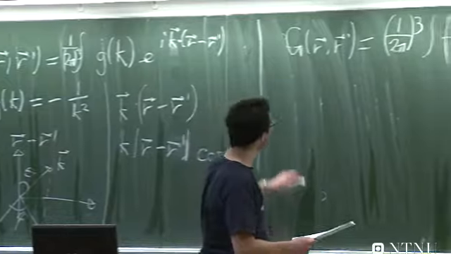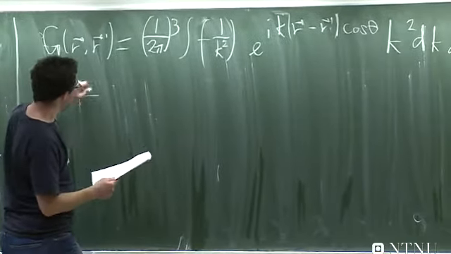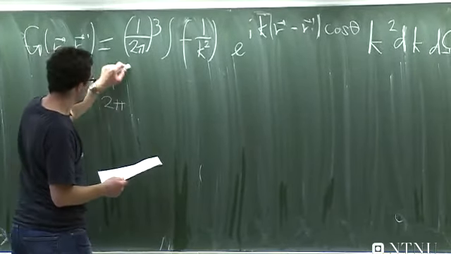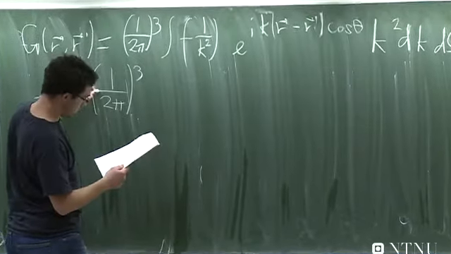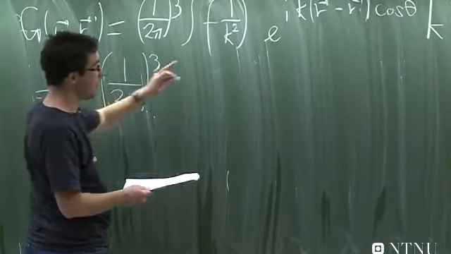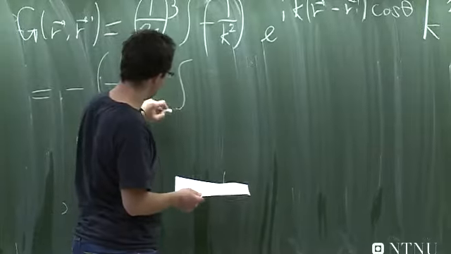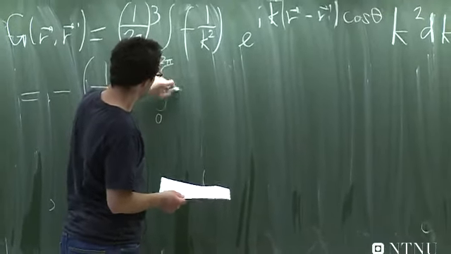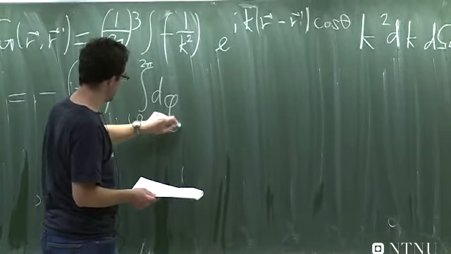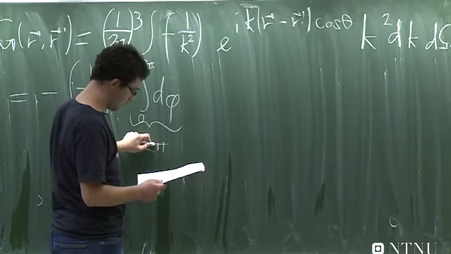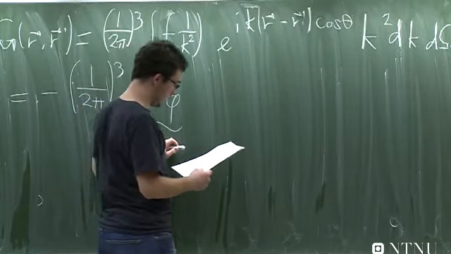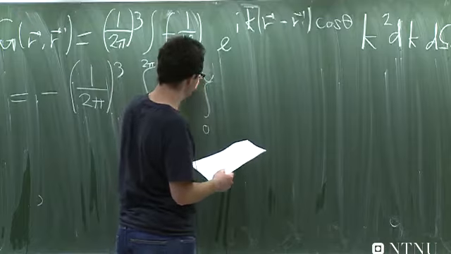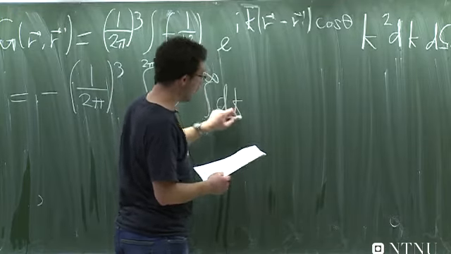Okay, this turns into minus 1 over 2 pi to the power 3. And I can see now that there's no phi dependence. So there's the integral from 0 to 2 pi d phi. This factor is simply equal to 2 pi. And then I get the integral from 0 to infinity dk.